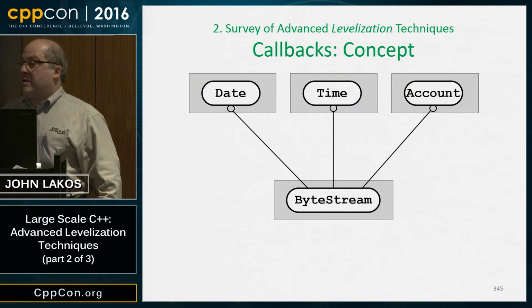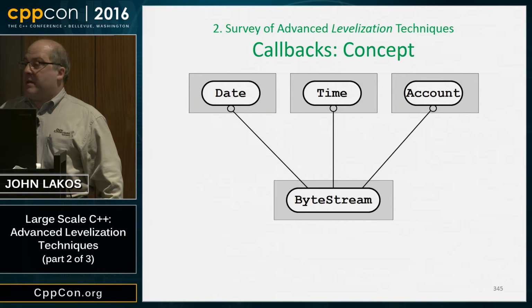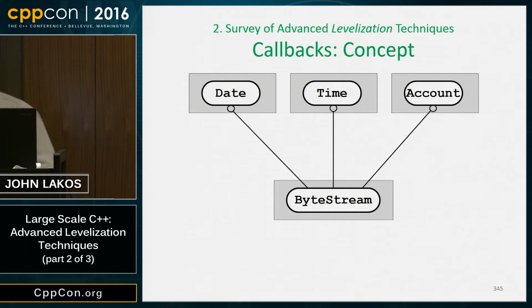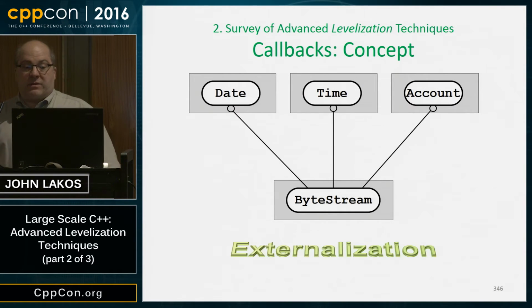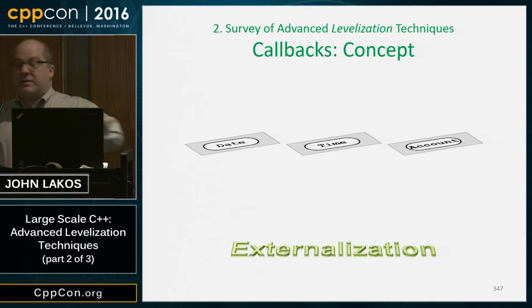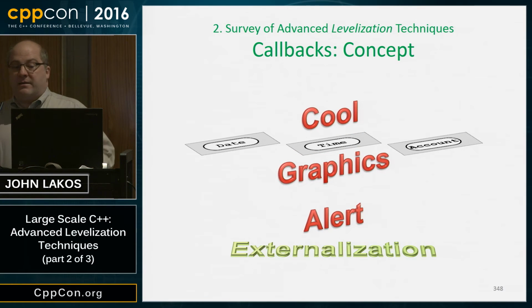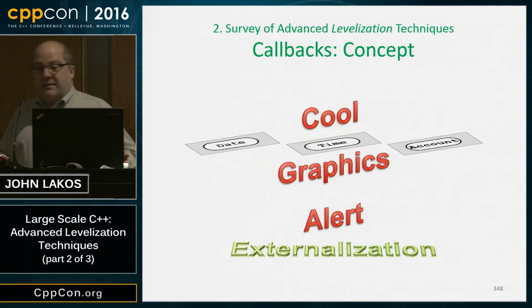And I want to be able to stream them out in some sort of byte stream and then stream them back in later. So all of these things take a byte stream in the interface. And right now, this is what I've got. And they're all externalizable this way. And notice they're externalizable. They're flat now. They've been streamed out flat.